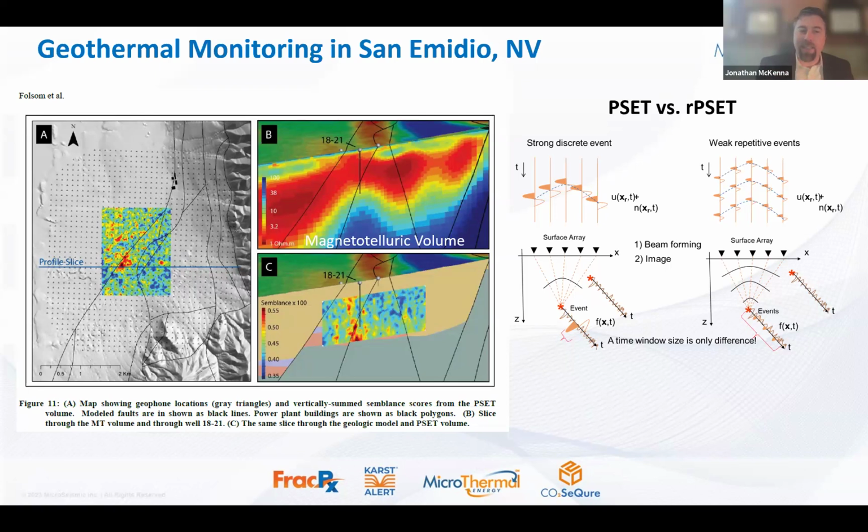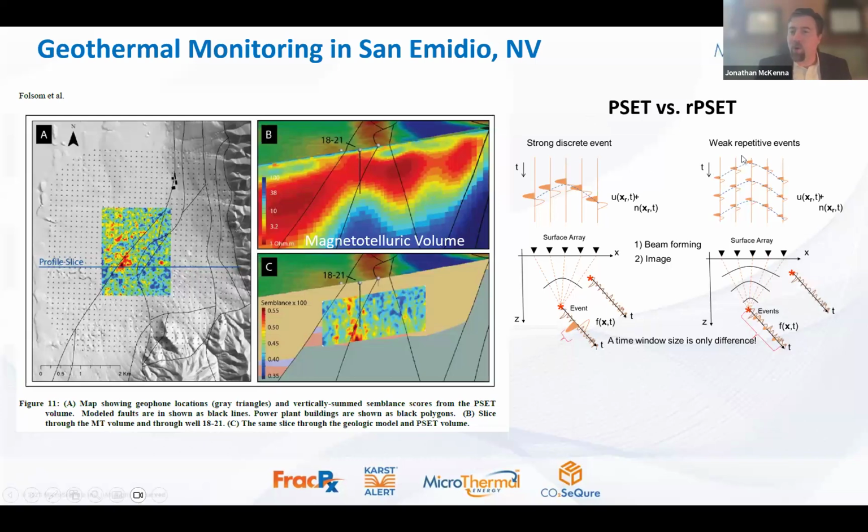Whereas when you're injecting through an entire system, we want to listen for repeated slippage of fractures in your fracture network due to the increasing pore pressure, causing repeated slipping along the same fractures.